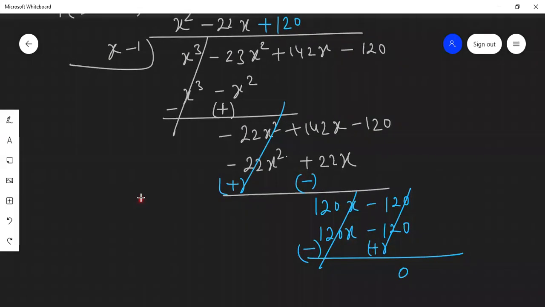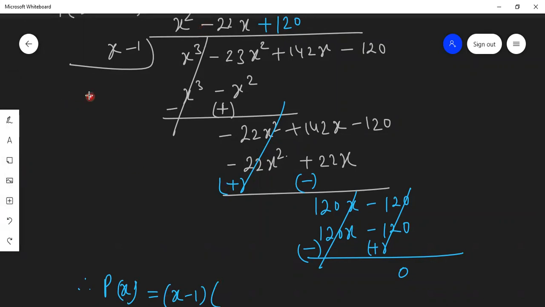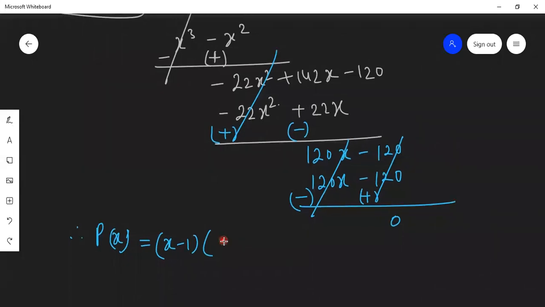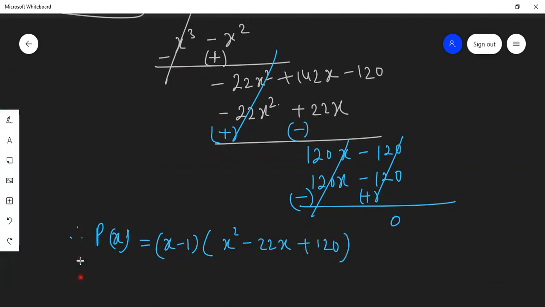So we can write px is equal to x minus 1 multiplied with this quotient, which is x squared minus 22x plus 120. All right.